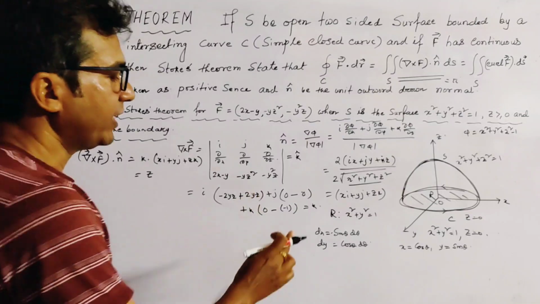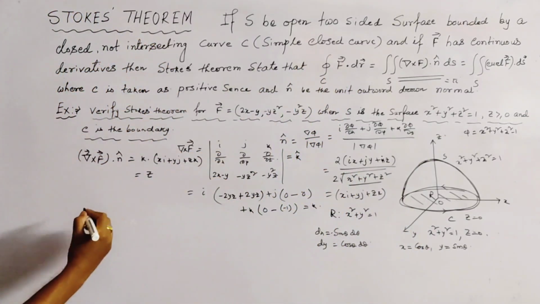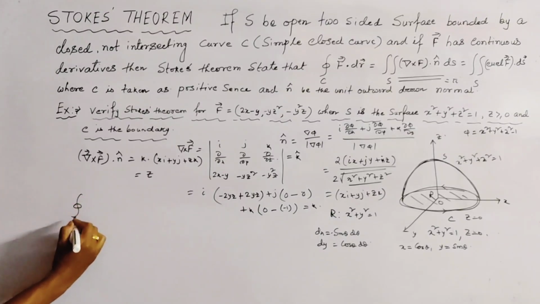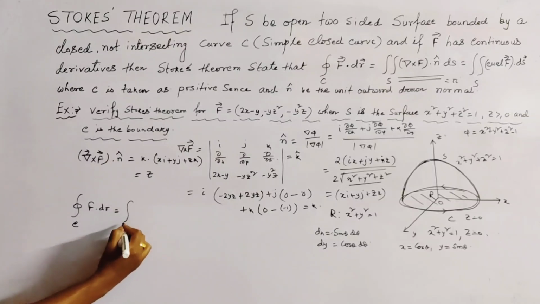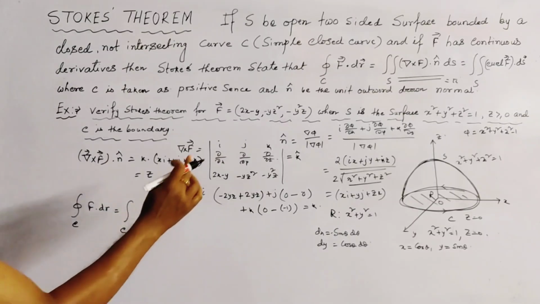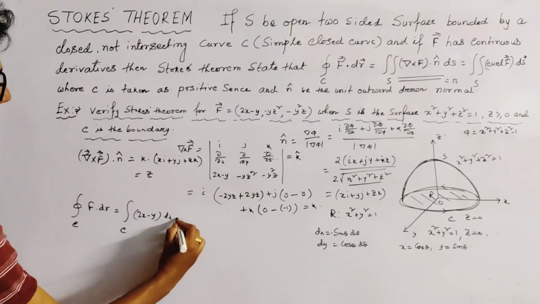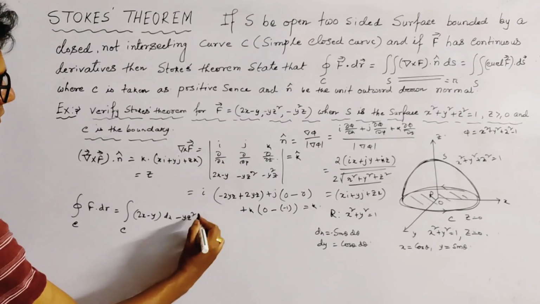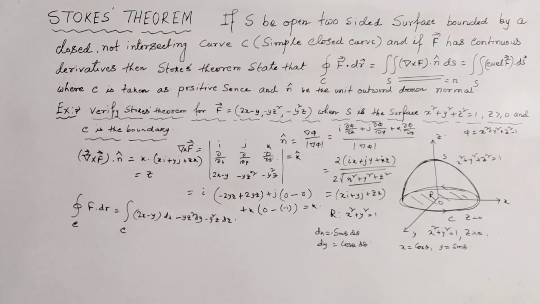Now we put the values of x, y in the left hand side. We get the circulation over C of F dot dr. This is (2x minus y) dx minus y z square dy minus y square z dz.